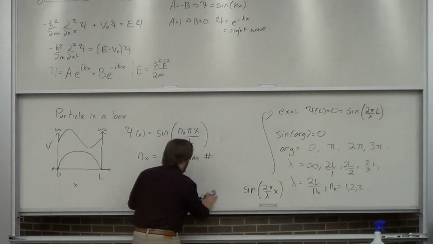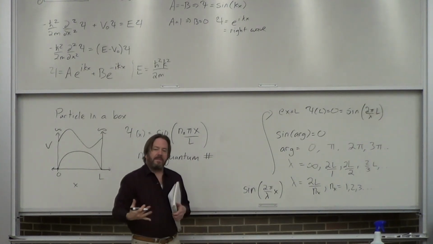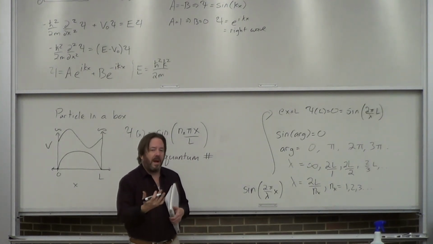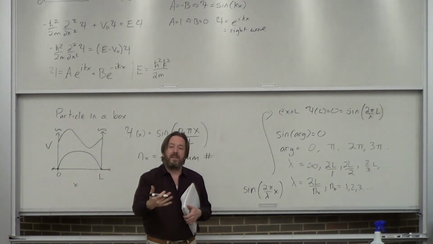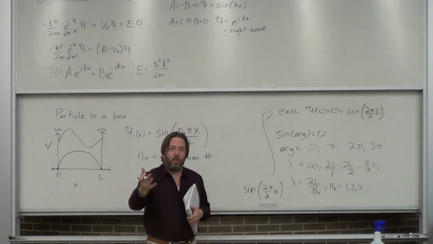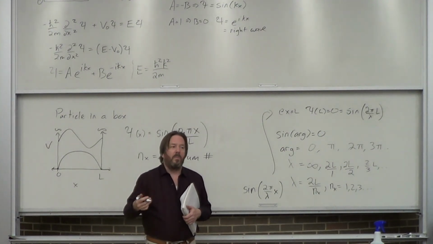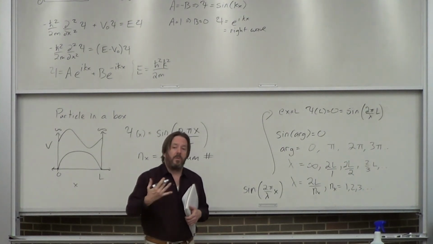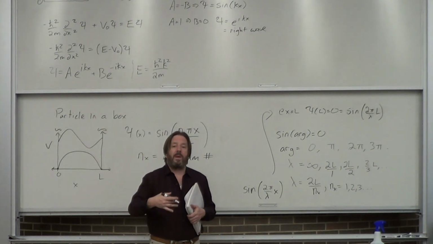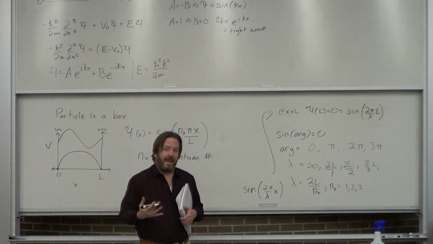Now, we know that there are ground states and excited states. Take the ground state of the hydrogen atom. This is the 1s state, right? Remember from freshman and organic? The excited states, there's technically an infinite number, but that includes the 2s state, the 2p state, the 3s, the 3p, the 3d. Those are excited states.